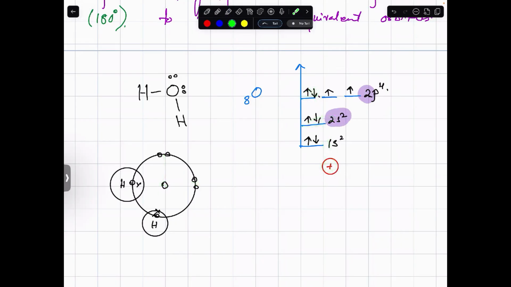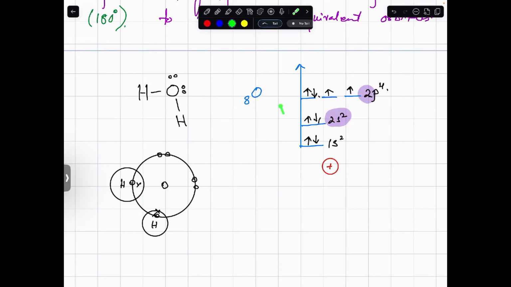No. If I look at this, you will find that this pair is closer to the nucleus and this pair is far, which is not the case actually. But if I look at this configuration, it seems to be like this. But if I look at this one, they're exactly at the same distance. You know what is the real situation? They are exactly at the same distance. But how? You know what happened?